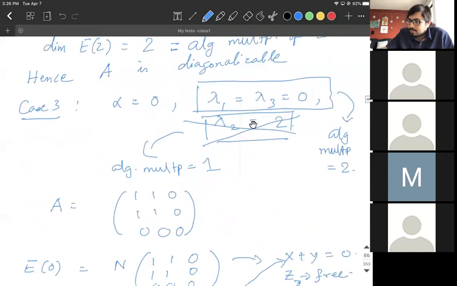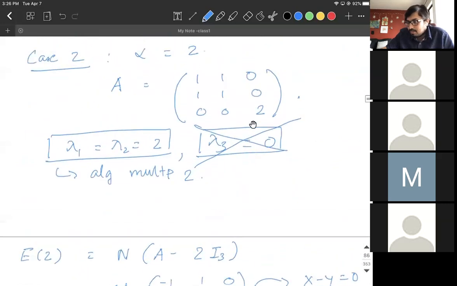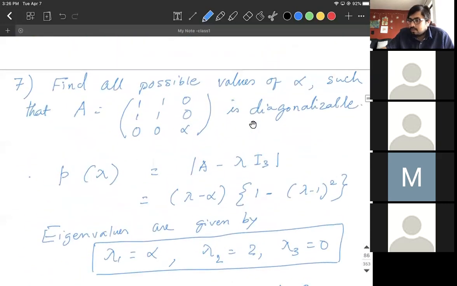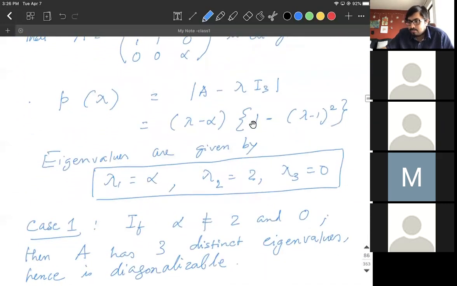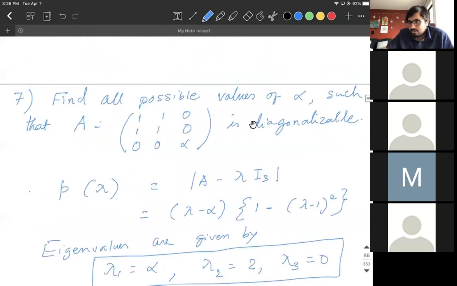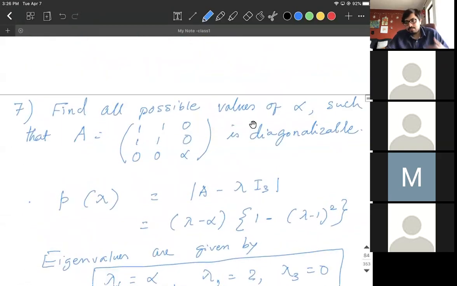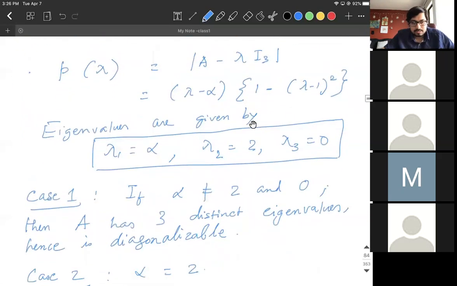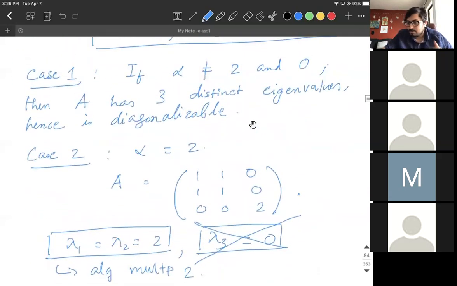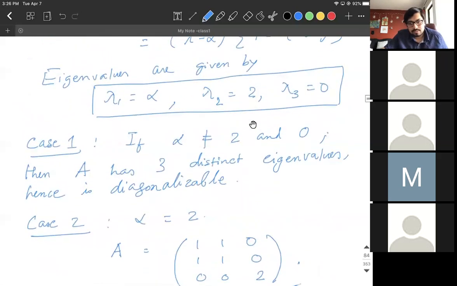So you might face problems like this, and depending on the matrix A, either A would be diagonalizable for each and every alpha, or there might be some specific values of alpha for which A might not be diagonalizable. The important thing is to do this case by case.